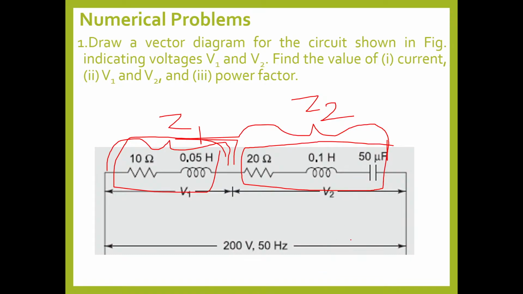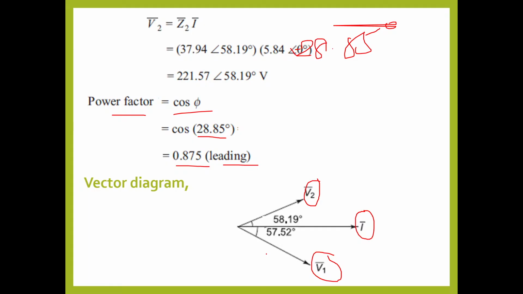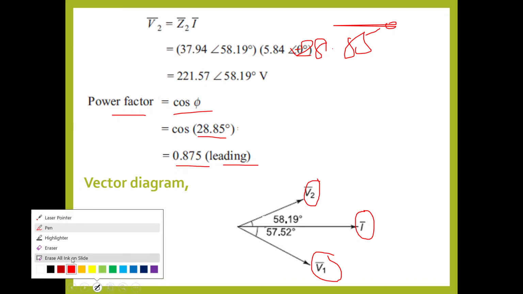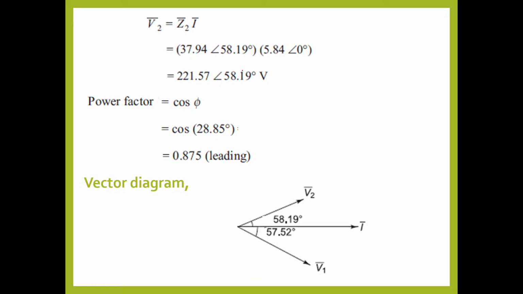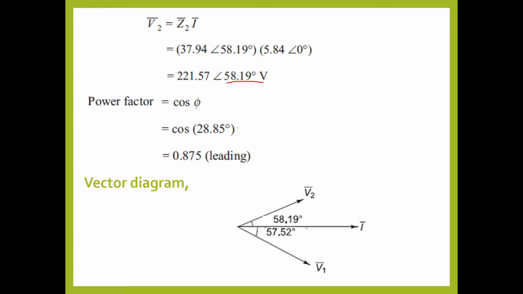Therefore, definitely V2 is leading I and V1 is lagging I. As for the phase angles, according to this simplification, V2 is 58.19 and V1 is minus 57.52. You just substitute that and you will get the phasor diagram.